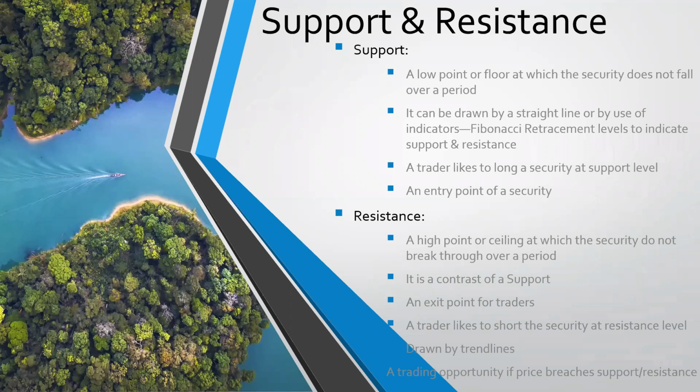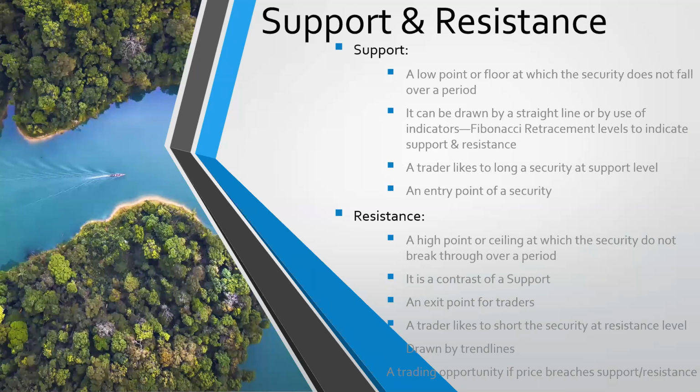Basically, a support is a low point. If you were to look at a room, you have a floor, that's the base, and then you have a ceiling. The floor in a room is the lowest point, and the ceiling is the highest point.